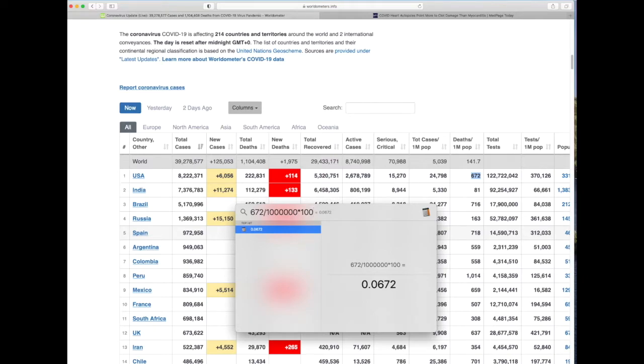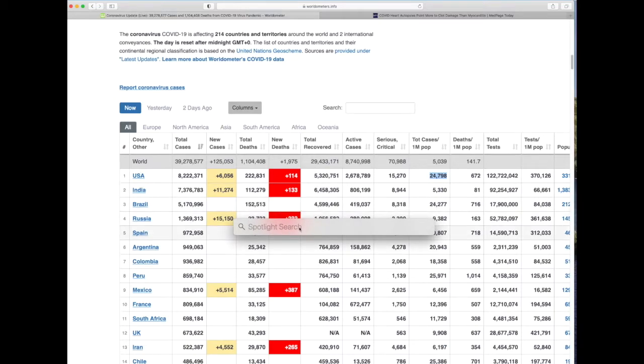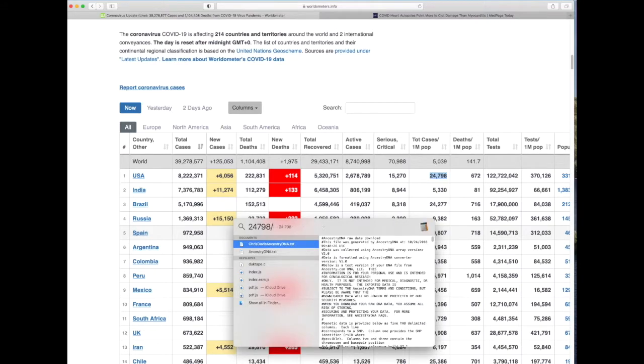So these numbers, let's see. Okay. So let's see. What about just catching COVID? Because I already pointed out, just catching it could literally change your life, right? So we've got 25,000 per 1 million people, okay, have caught COVID just because they're in America. 24,798 divided by 1.